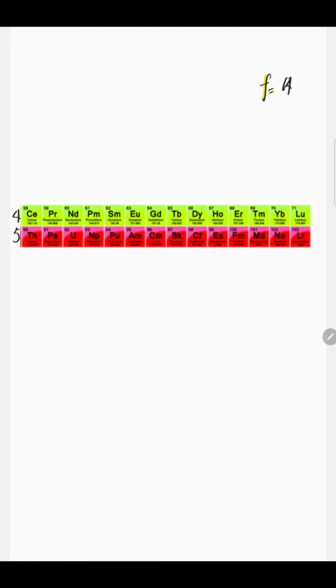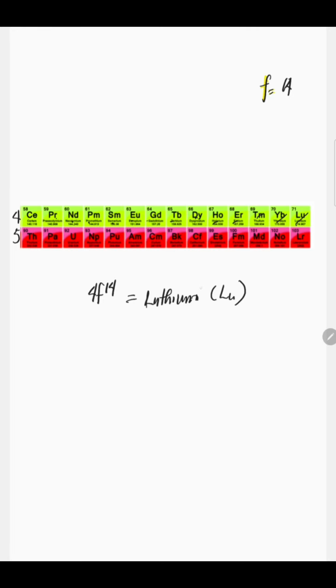So, if you are asked what element has an electronic configuration of 4F14, you count: 1, 2, 3, 4, 5, 6, 7, 8, 9, 10, 11, 12, 13, 14. So, 4F14 is lithium and the electronic configuration is 4F14.